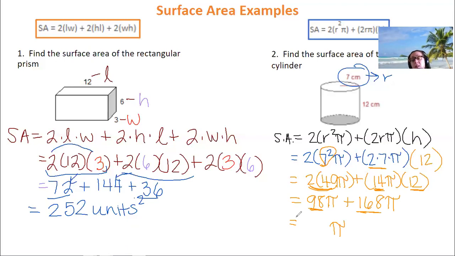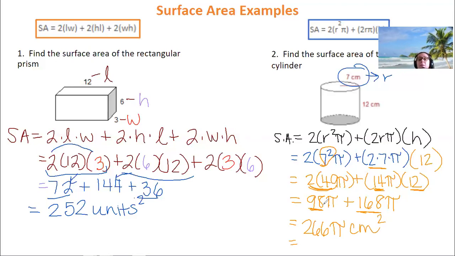What am I left with for pi? 266? You guys agree? If we add 98 and 168, we get 266. Good stuff. So you would say 266 square centimeters.